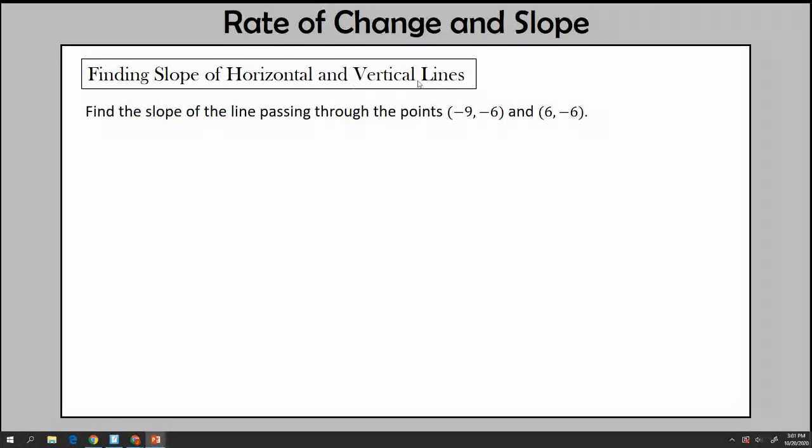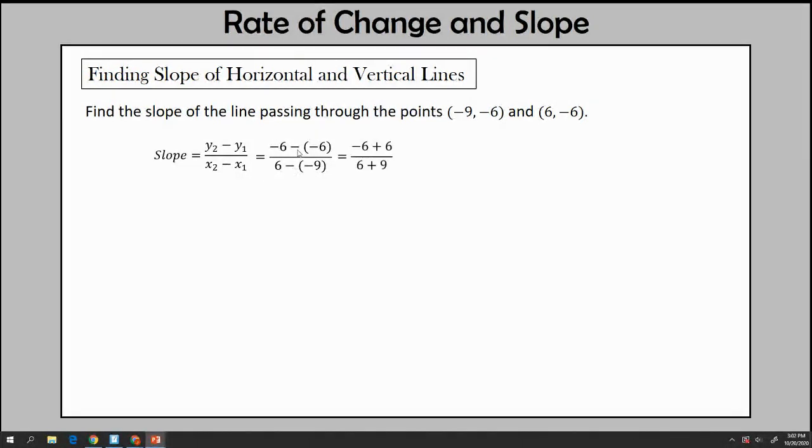Okay. Now, what happens if you have horizontal and vertical lines? All right. Well, the question looks exactly the same. But let's go through the process here. To find the slope of a line that goes through these 2 points, we're going to go y2 minus y1 over x2 minus x1. Right. So I'm going to go negative 6 minus negative 6 on top, difference in my y's, and then 6 minus negative 9 on the bottom.